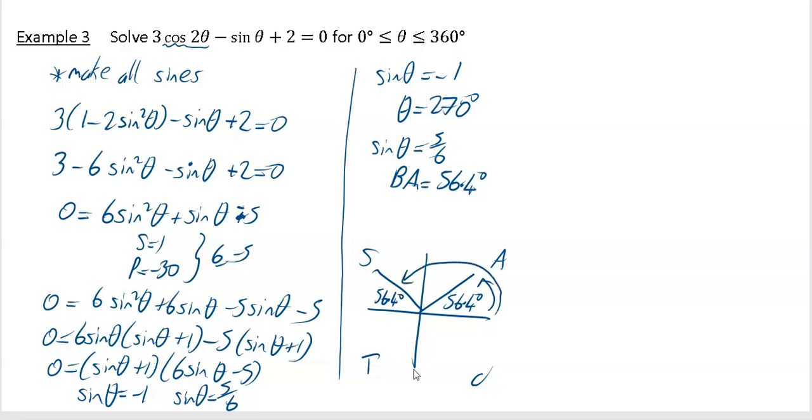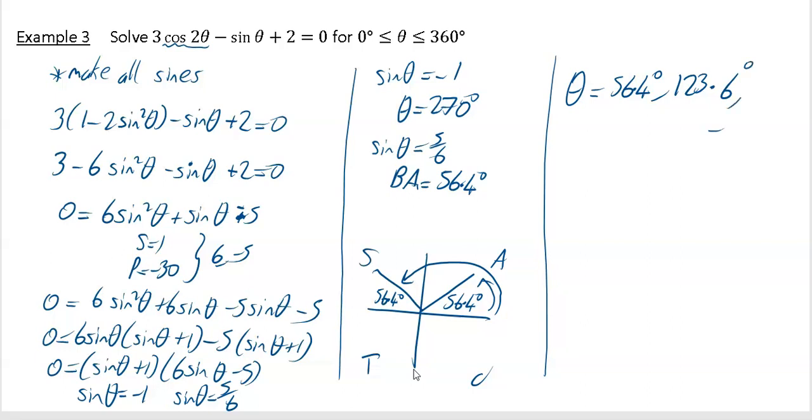And there's where your two angles will be. So your final answer, theta, is going to be equal to 56.4 degrees, 180 minus 56.4 is going to be 123.6 degrees. And the last one, what have I said the last one was? Oh, 270 degrees. And that's it.